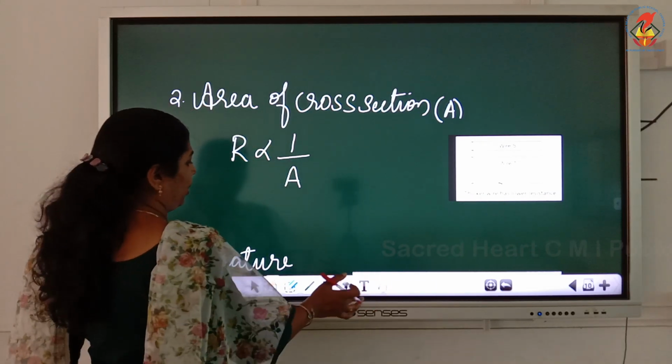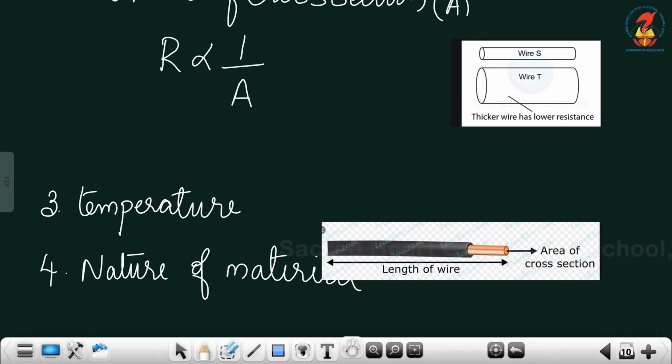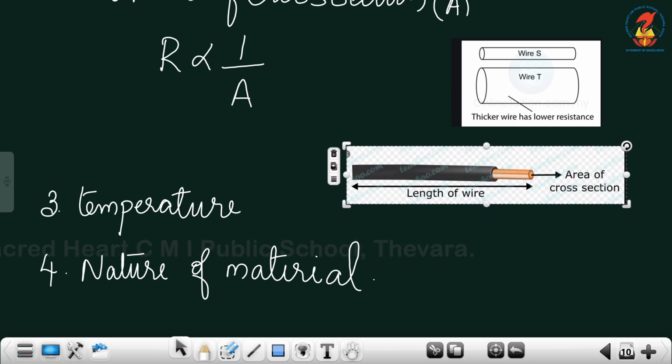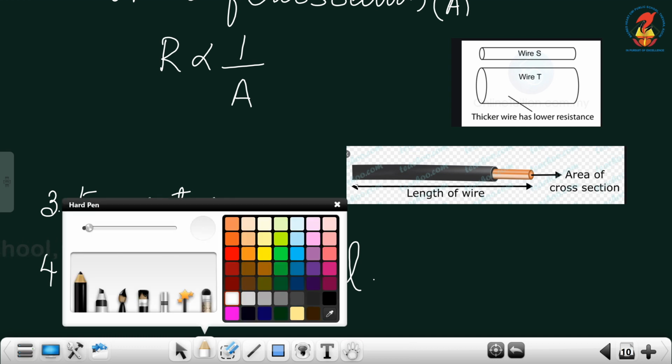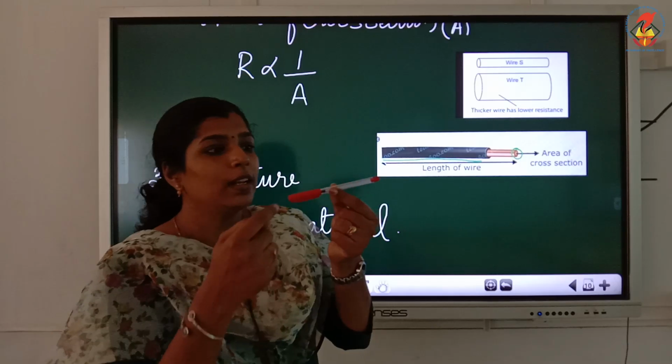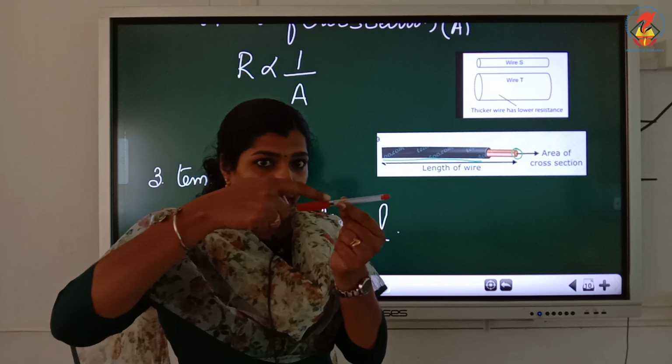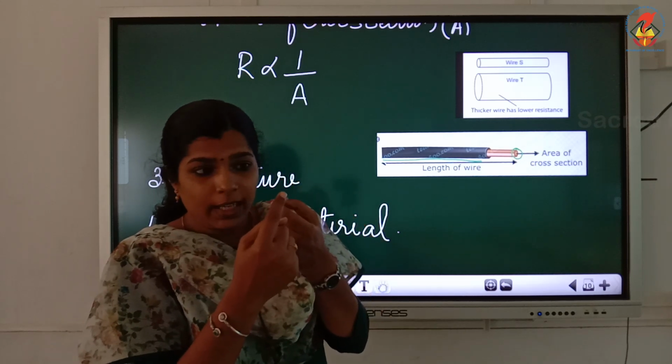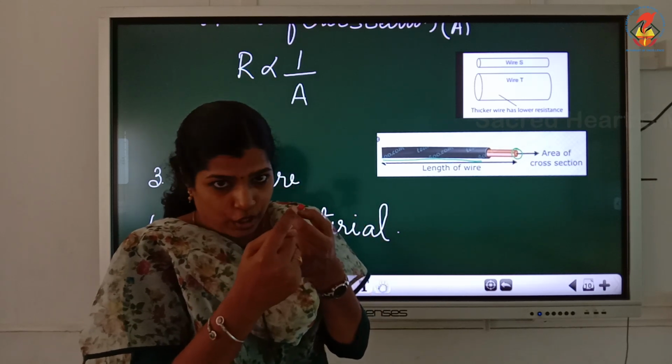Now, third point, that is the temperature. Here you can see, this is the length of the conductor, and this portion, that is the area of cross section.